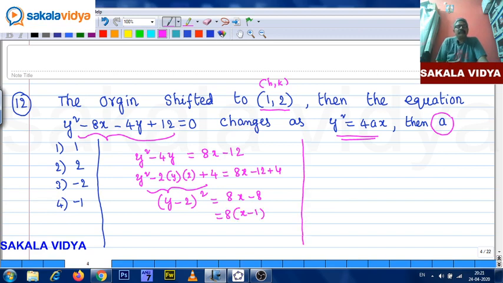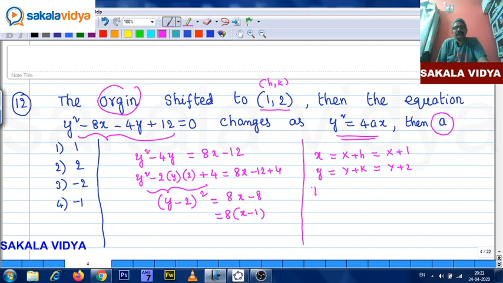Now when the origin is shifted to this point, small x becomes capital X plus h, that means capital X plus 1. Small y becomes capital Y plus k, where k is equal to 2, capital Y plus 2.